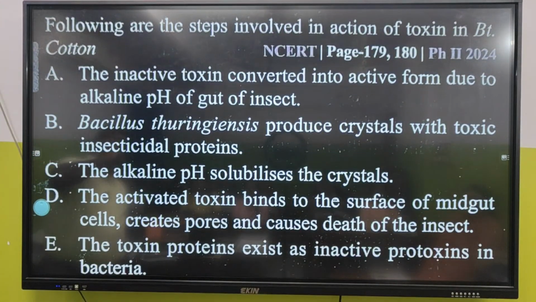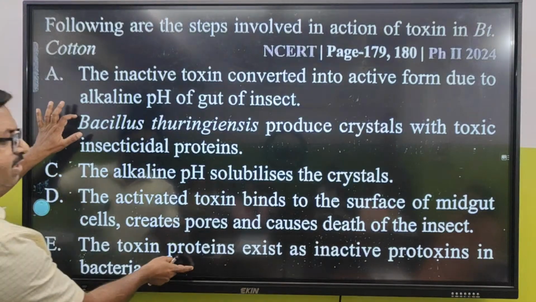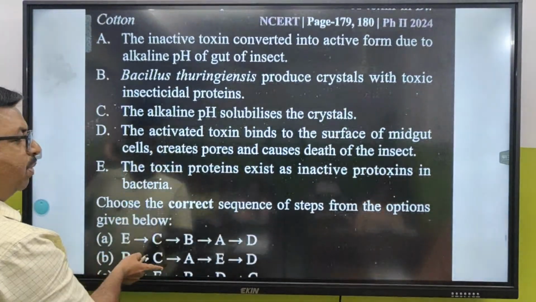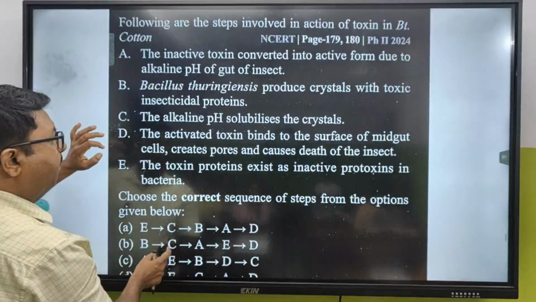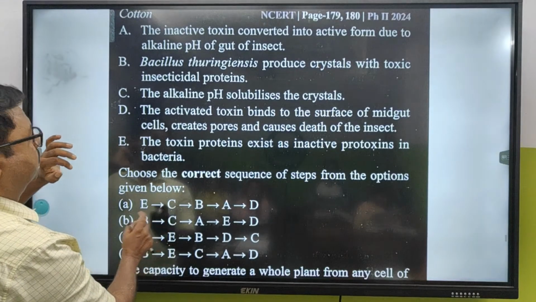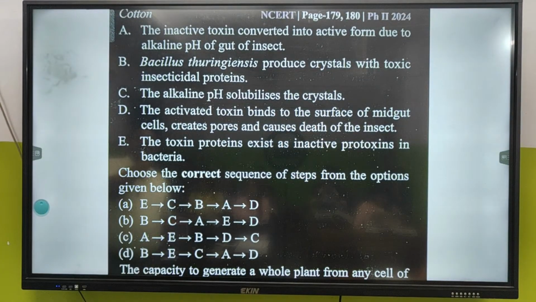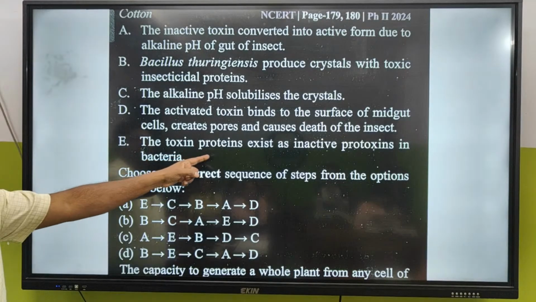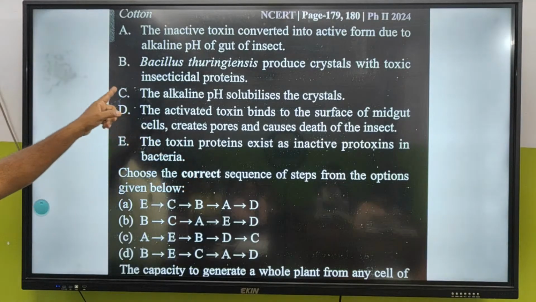Following are the steps involved in action of toxin in Bt cotton. Choose the correct sequence of steps from the options given below. B, E, C. Okay, C, alkaline pH.